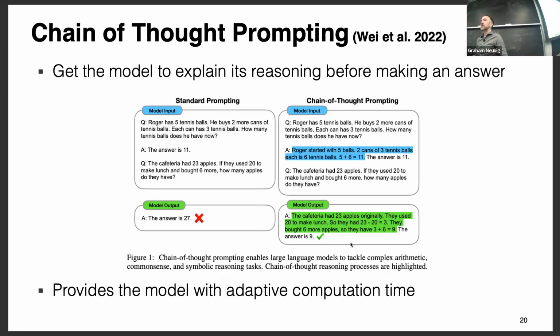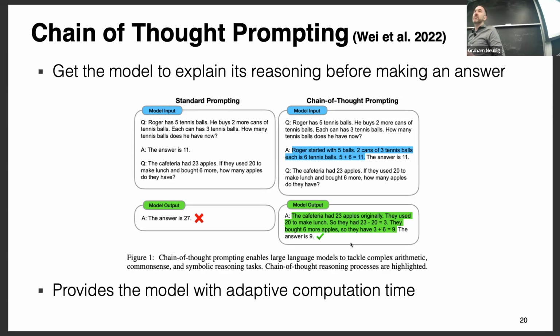Another reason why is it allows for adaptive computation time. If you think about a transformer model, it has fixed computation time for predicting each token, right? You have a fixed number of layers. And based on that fixed number of layers, it passes all the information through and makes a prediction. And some problems are harder than others, right?